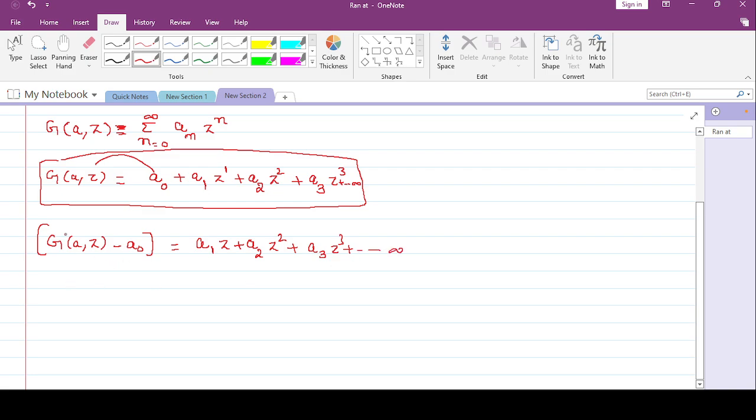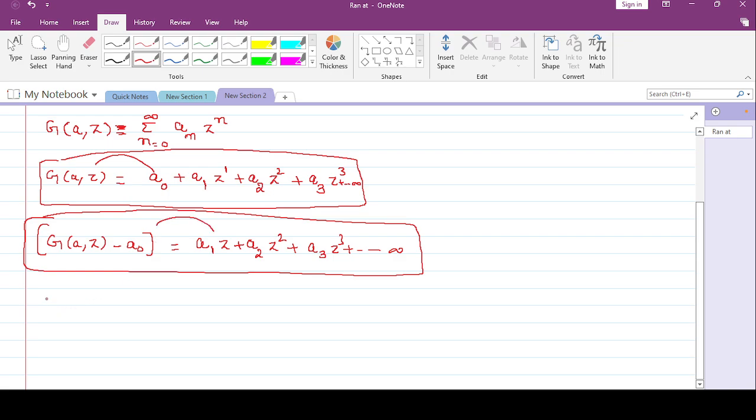This portion you also remember. Next, if you bring this term to this side, then it becomes G(z) minus a0 minus a1 z, equal to a2 into z square plus a3 into z cube and so on up to infinity. So you remember this thing also.